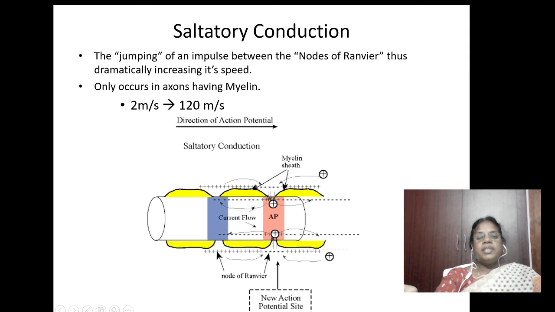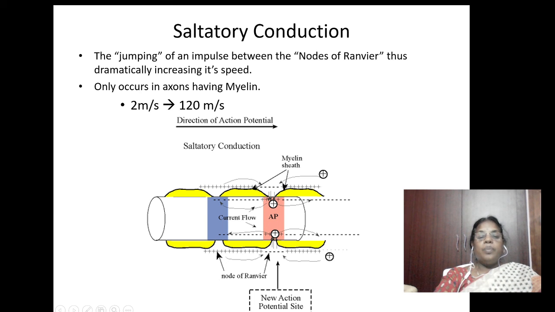Here this is the saltatory conduction, this one is the axon, and this is the myelin sheath. Here these are the nodes of Ranvier. At these nodes of Ranvier there is no myelin sheath, because the myelin sheath is an excellent insulator over the axon. So the action potential or depolarization takes place in this part only.